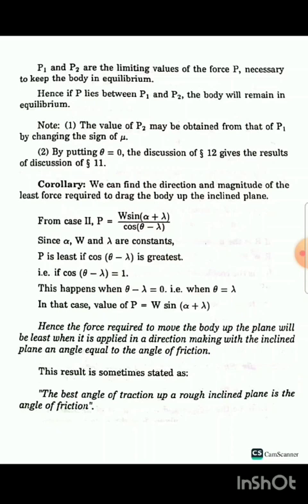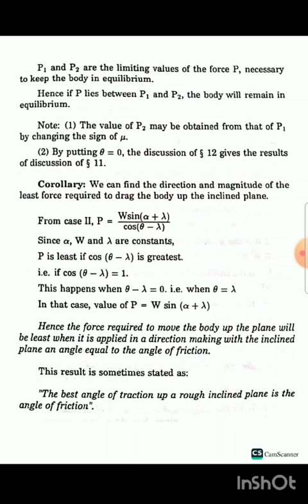So cos(θ − λ) equals 1 when θ − λ is equal to 0. Equating these, we get θ equal to λ. Substituting this value, we get P equal to W sin(α + λ).